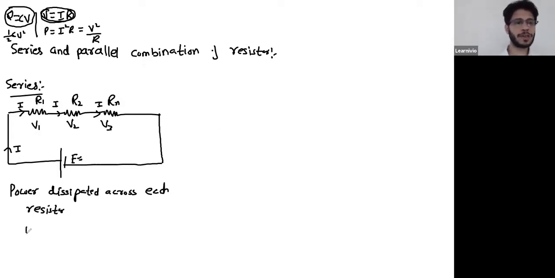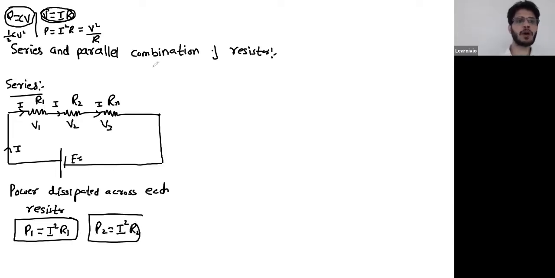So power dissipated across a resistor is P1, which is I square R1. Because current is the same, power dissipated across the next resistor is I square R2.